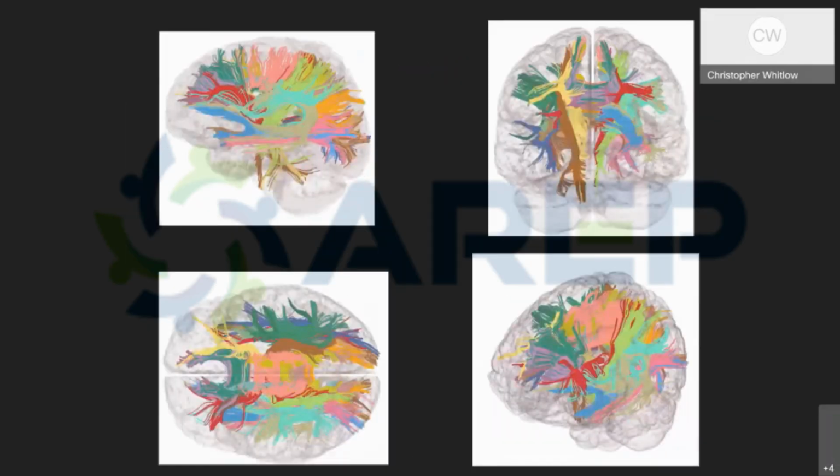Let's see if it plays. Oh, I think I have to play them individually. It's supposed to show how the white matter tracts... Oh, I'm sorry, it's not going to play. But basically, it just shows a very similar movie of all the white matter tracts as they oscillate and change in the brain due to a head impact exposure.